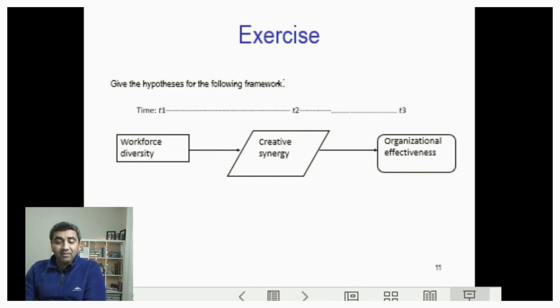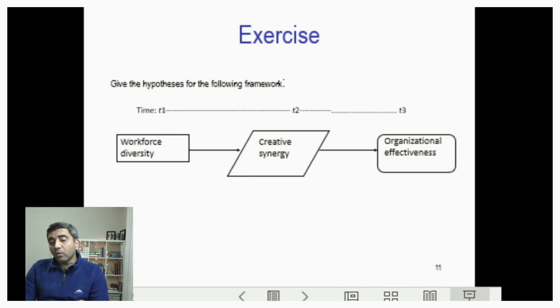So the mediating variable that surfaces as a function of the diversity in the workforce is creative synergy. Now, this creative synergy results from a multi-ethnic, multiracial, and multinational, that is, diverse workforce, interacting and bringing together their multifaceted expertise in problem solving.